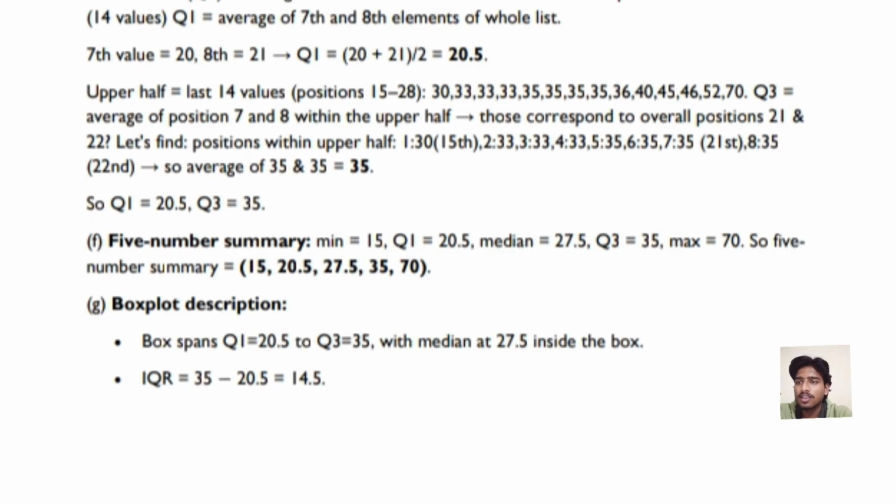Now G, box plot description. The box spans Q1 20.5 to Q3 35, with the median at 27.5 inside the box. IQR equals 35 minus 20.5, which equals 14.5.